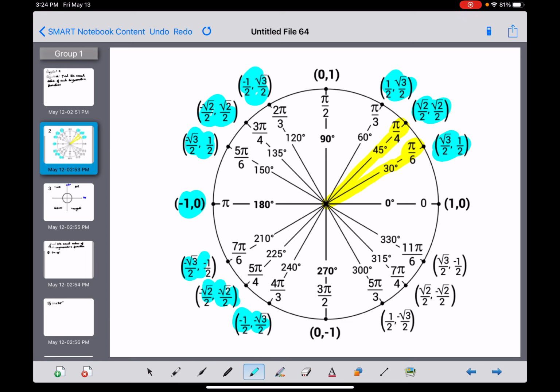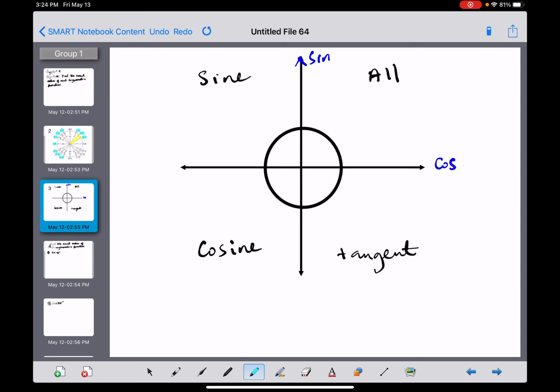So this is called the unit circle. And pretty much we're just doing the basic stuff, not so much the harder stuff here, just the basic stuff. So don't be scared, okay? So let's move on to the next slide where you can copy those things down.